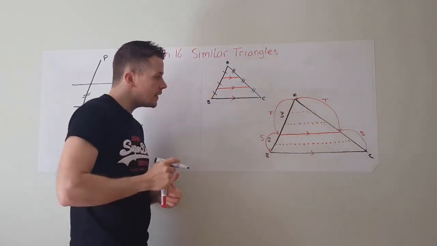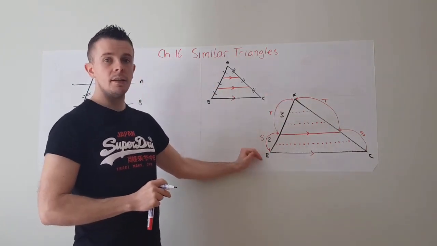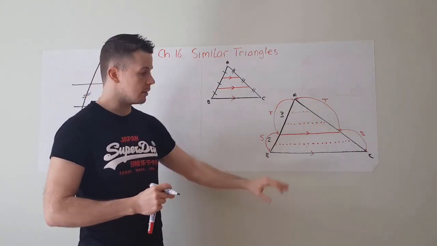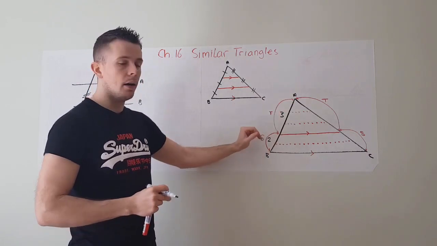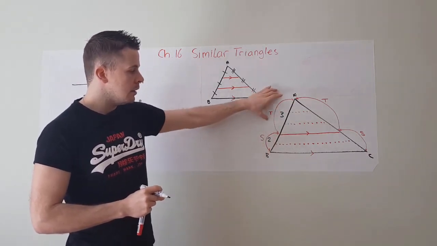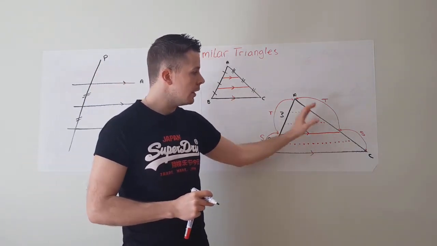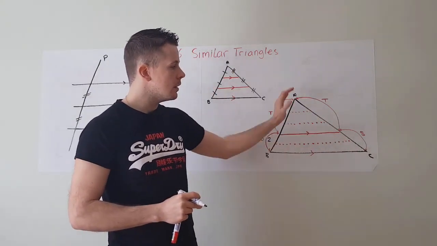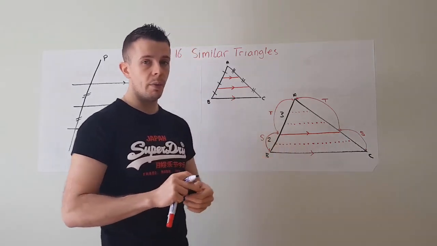So we can see our line here, A to B, has been divided into 5 equal parts, because remember the spacing of these are all equal. The ratio of S to T is 2 to 3. Same over here on the line AC: this is 2 parts, this is 3 parts, so AC has been divided into 5 equal parts.